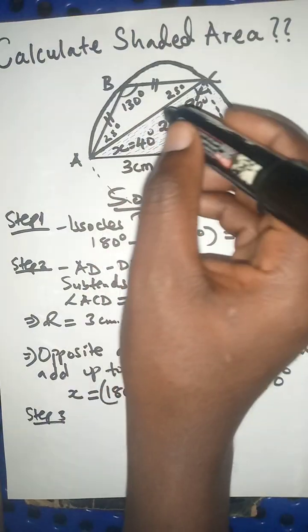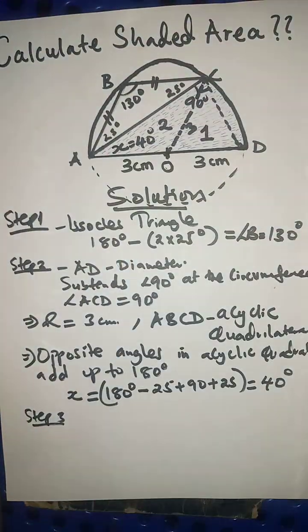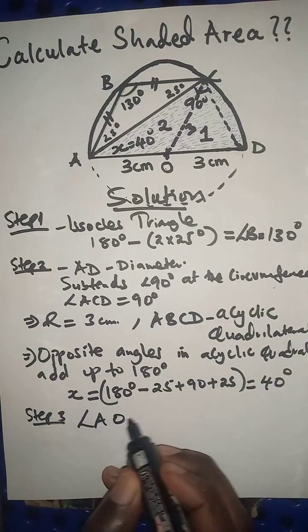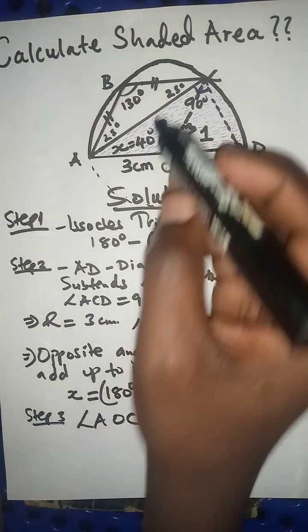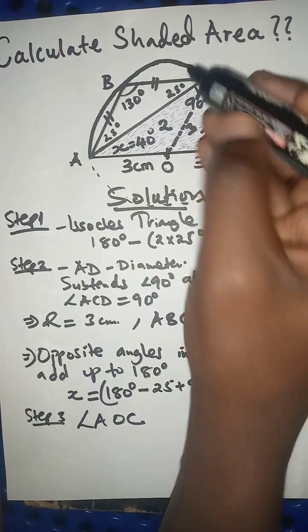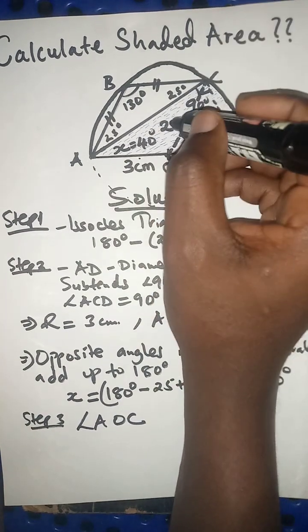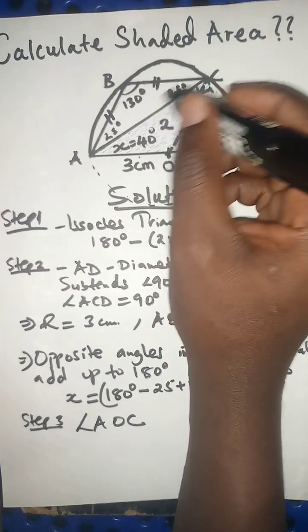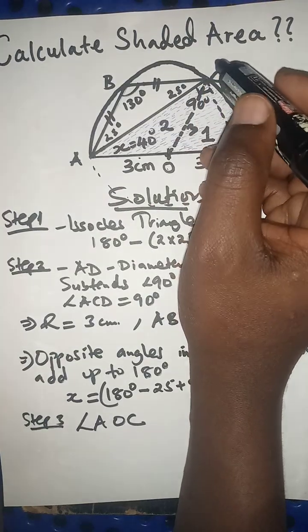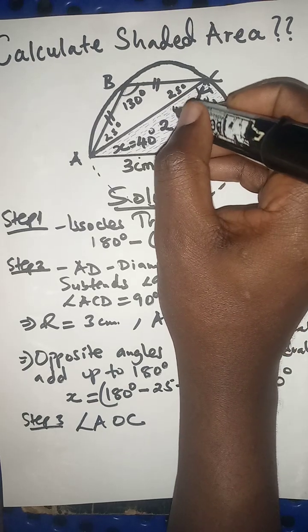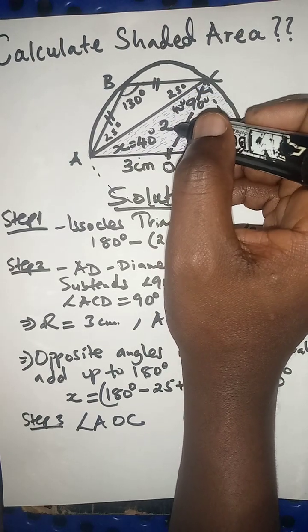If you look at triangle AOC, since this is 40 and this is a radius, it also forms an isosceles triangle. So the other angle is also going to be 40.